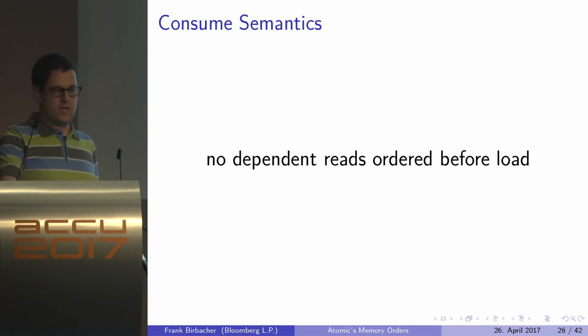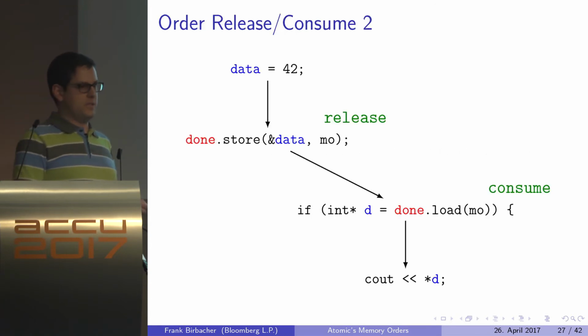If instead of storing a flag true or false, we store the address of our data, then the reader can get the pointer to data from the atomic variable, and then go ahead and dereference that pointer. It's somewhat clear that you cannot dereference the pointer unless you actually have the value of the pointer, right?